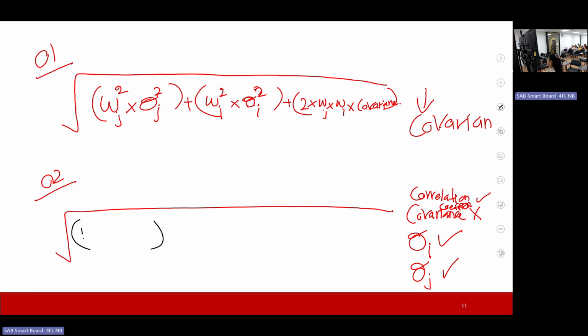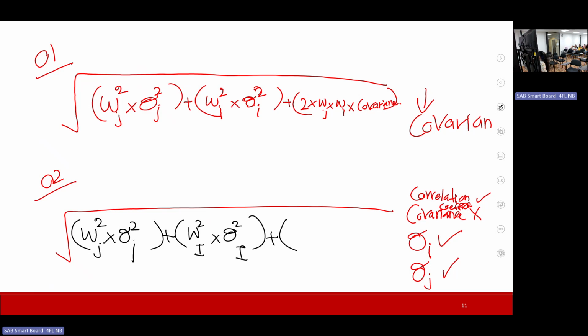We take it based on J and then variance of J, plus weight on I multiplied by variance of I, plus we have now two shares multiplied by weight on I, weight on J. But now we don't know covariance. But it can be calculated via which one?